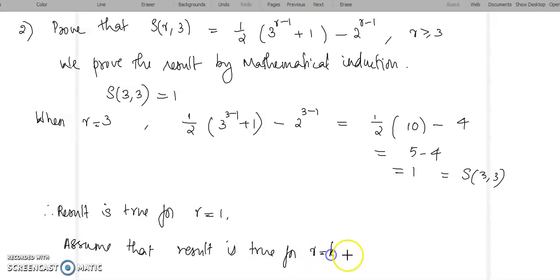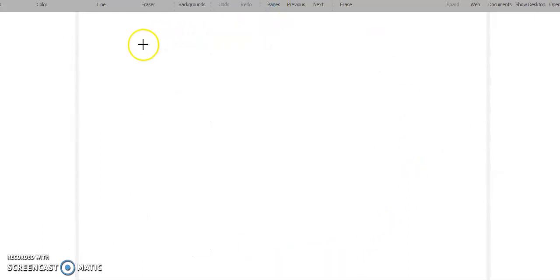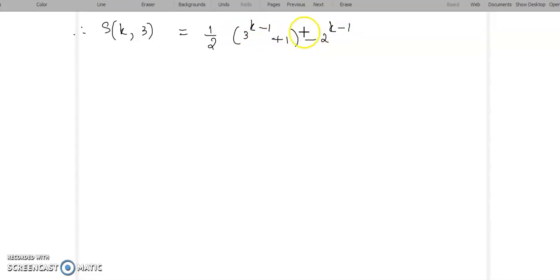r equal to k. So therefore S of k, 3 will be equal to 1 by 2 times (3 raised to k minus 1 plus 1 minus 2 raised to k minus 1). Now we need to show that the result is true for k plus 1.